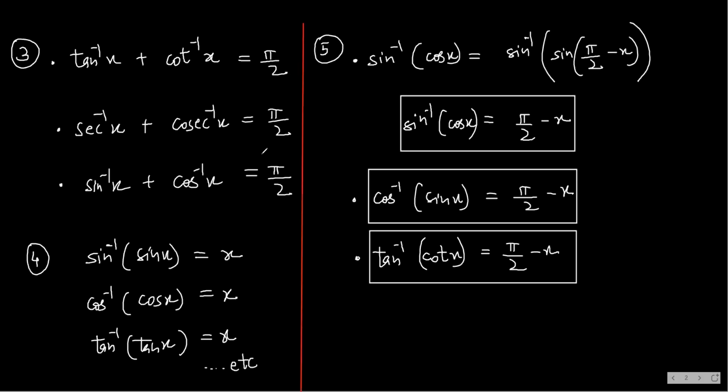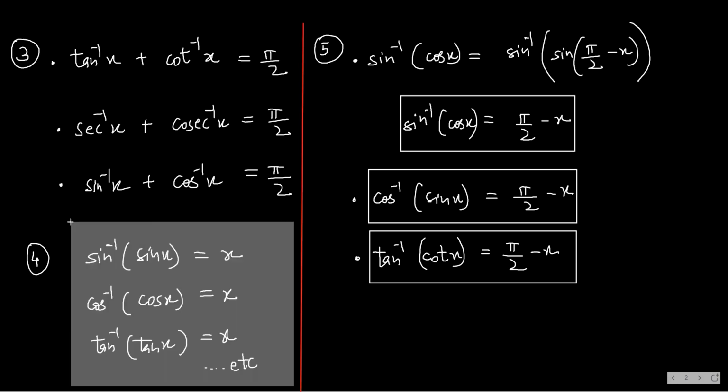Now here we have property number 7. Property number 7 is very much similar to property number 4. Here you wrote sine inverse of sine x, with inverse outside and trigonometric function inside. Now we will write the opposite of this.